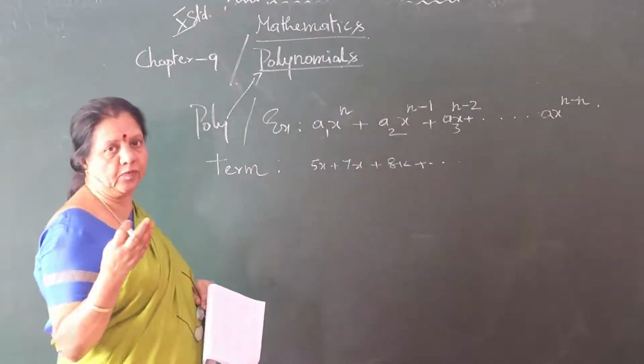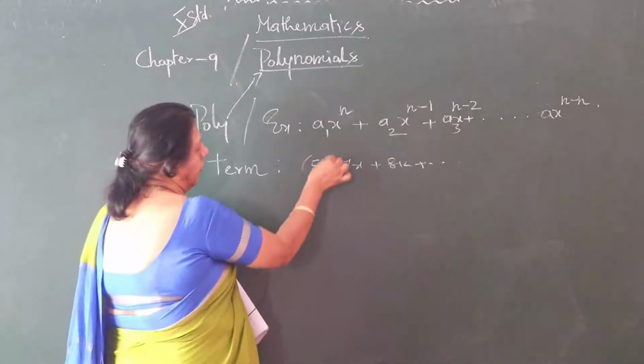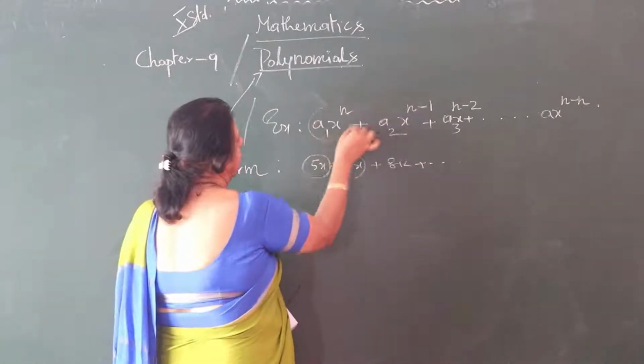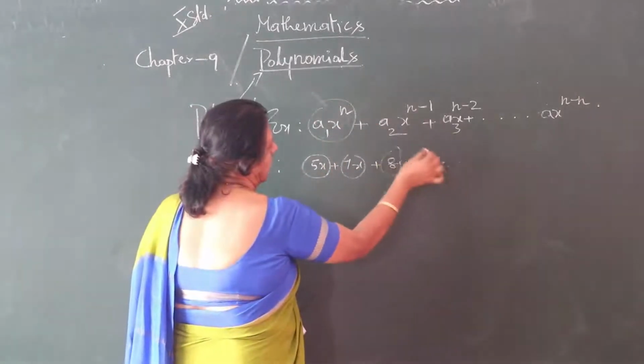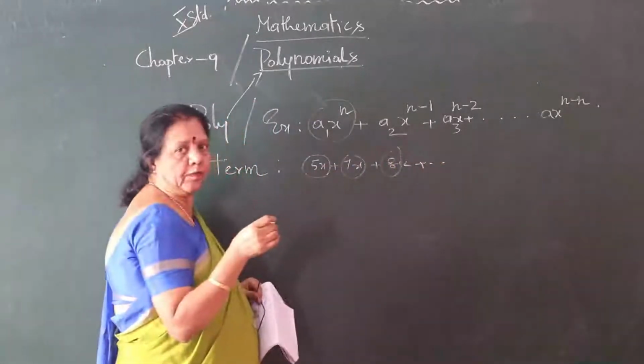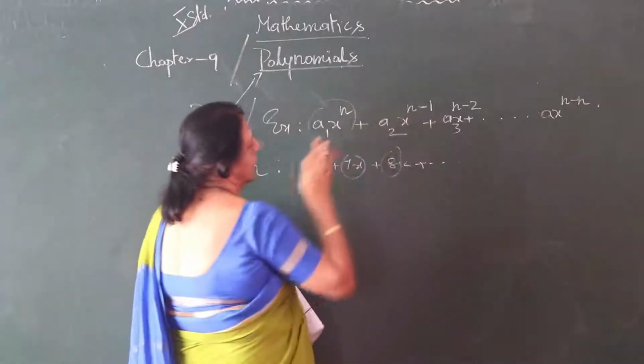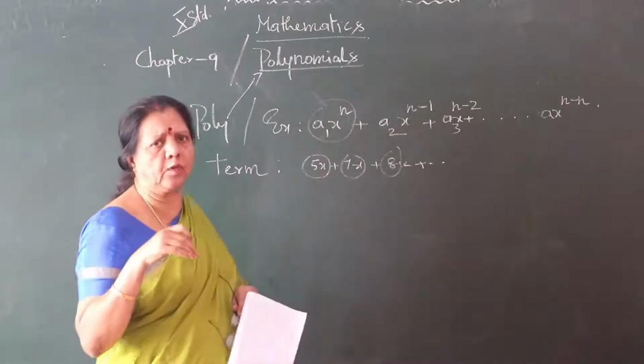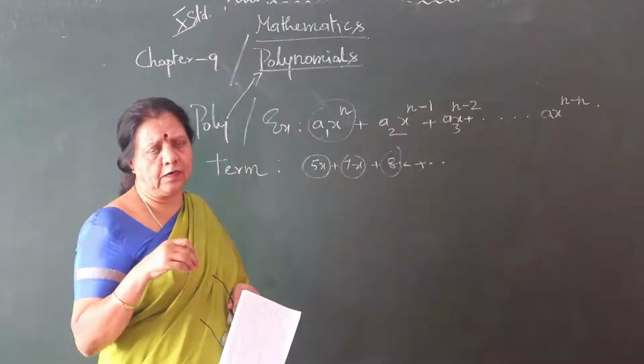There are 3 terms. Each part we call a term. So this is a term, this is a term. How many terms are there? 3 terms. Here how many terms? 3, 4, 5. So many terms are there. That is the term.